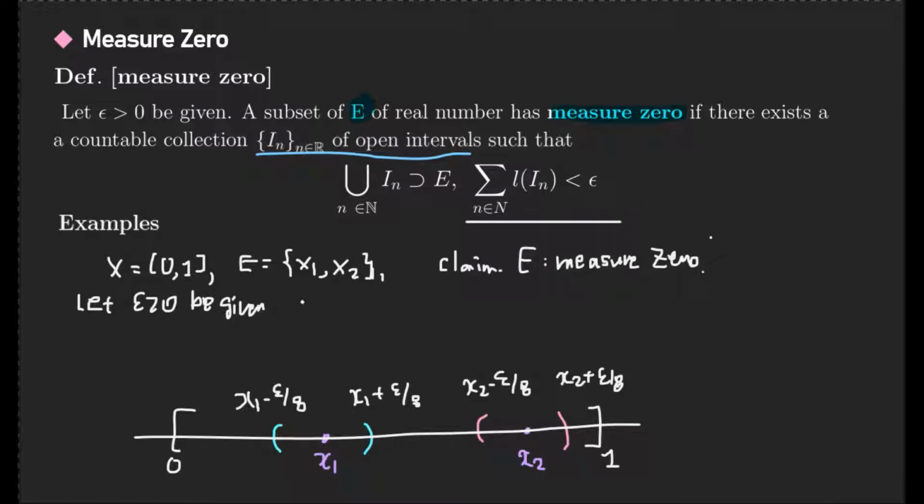Then we calculate the lengths. This is a countable collection. Countable, as I refer to it, means finite or denumerable.